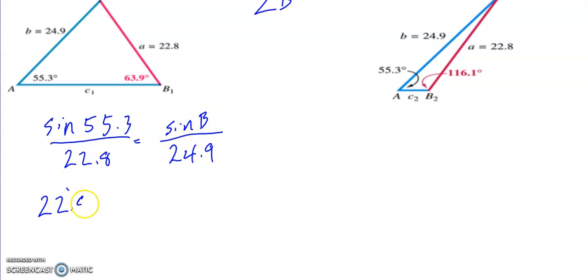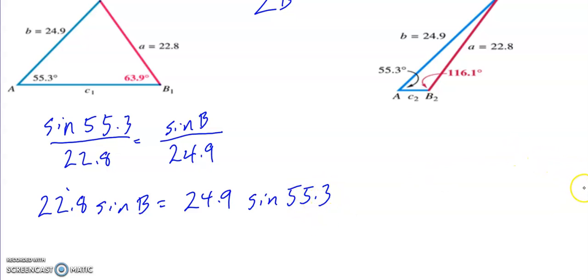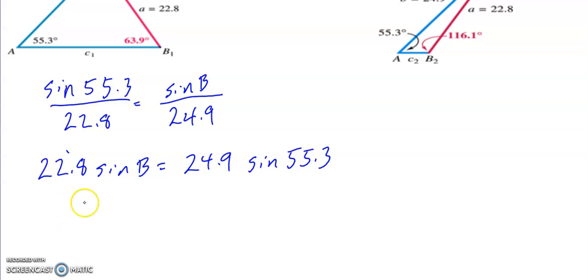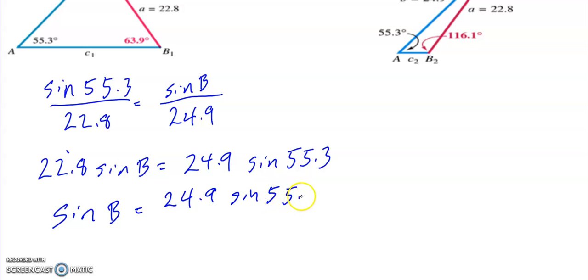So I'm going to say 22.8 times sine big B equals 24.9 times the sine of 55.3. Divide both sides by 22.8. So the sine of angle B equals 24.9 times the sine of 55.3, all divided by 22.8.